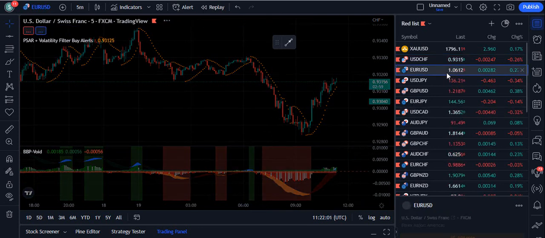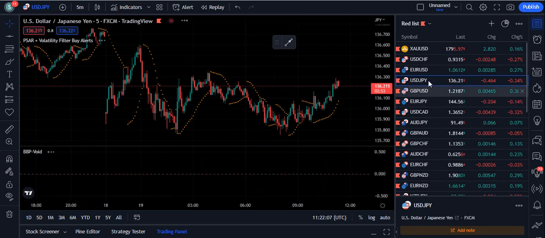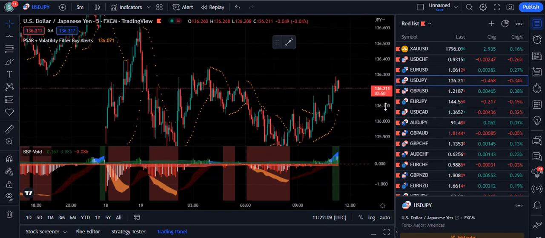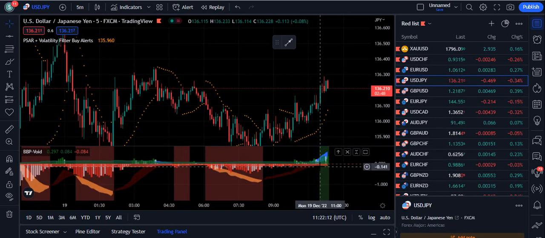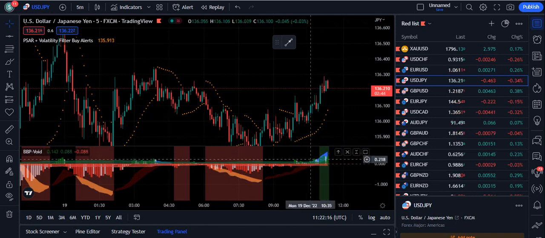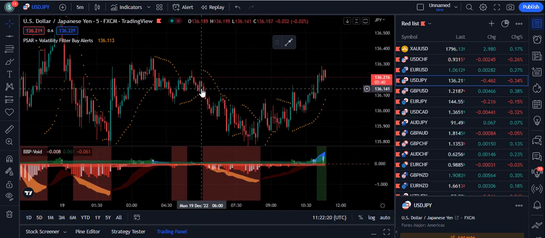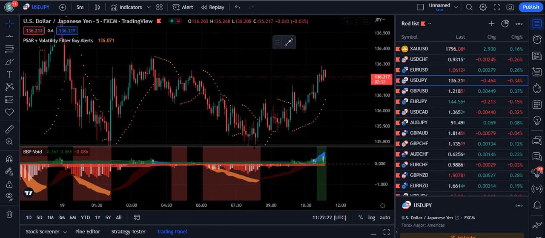Guys, at first look this indicator might not look very special to you, but when you use it, definitely it is going to give you huge gains. As you can see on USDJPY 5-minute, it has already provided you with a green background to go up, and it has also identified the bear trend. You can see the bears, the market were here.